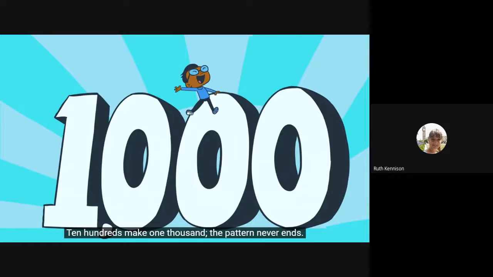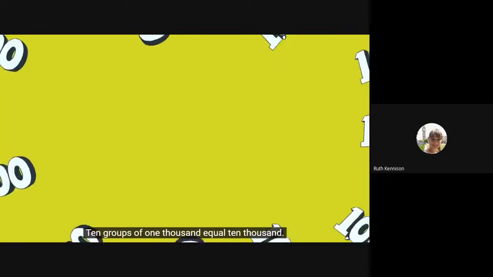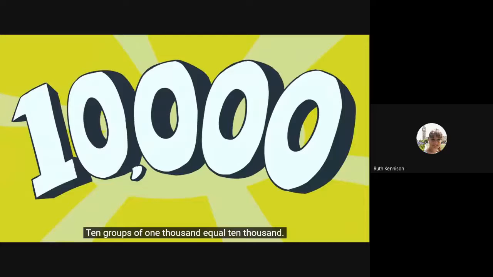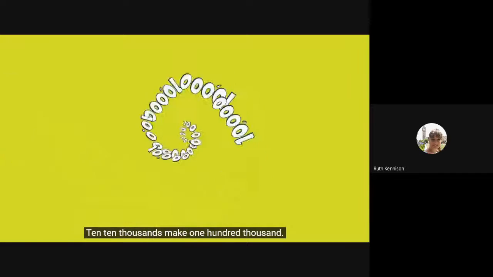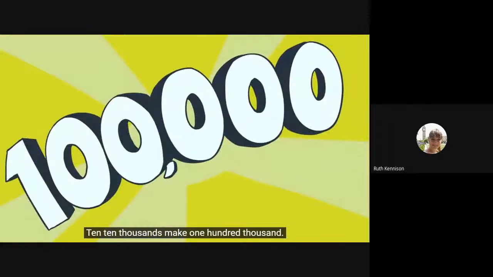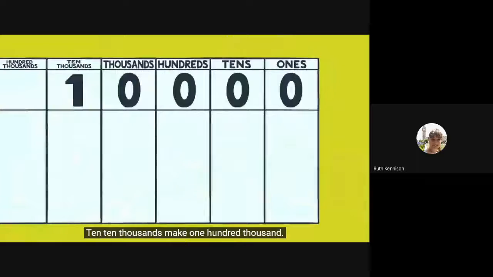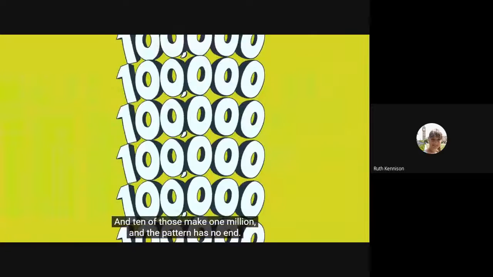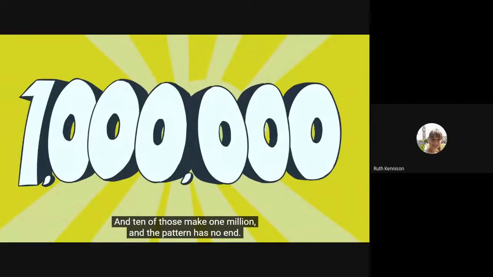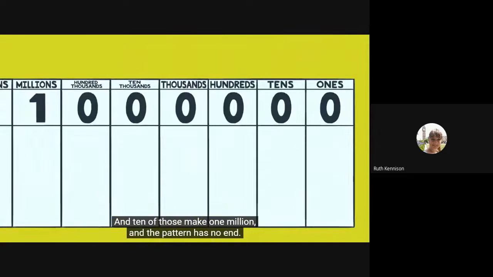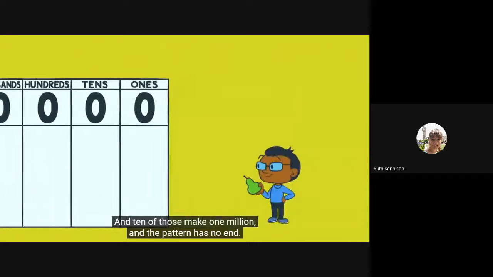The pattern never ends. 10 groups of 1,000 equal 10,000. 10,000 make 100,000. And 10 of those make 1 million. And the pattern has no end.